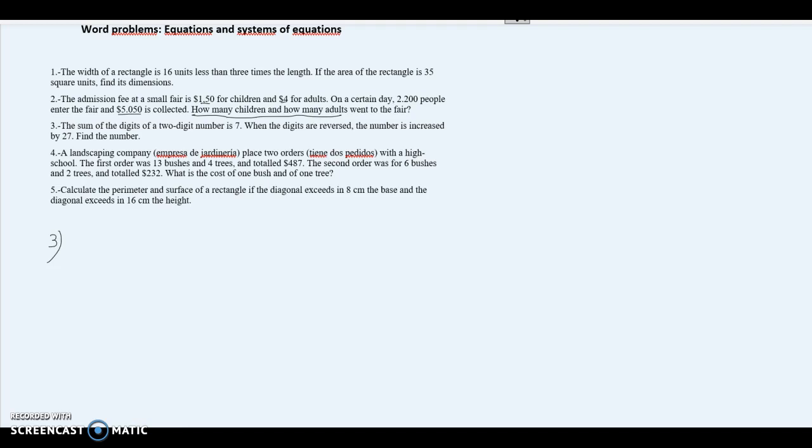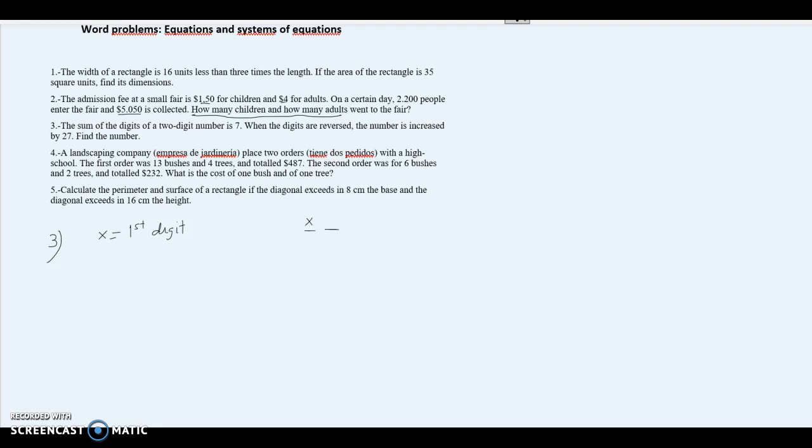Well, if this is a two-digit number and we have to find the number, we have to find two digits. x will be the first digit. So if this is the first digit, we have a number with two digits.